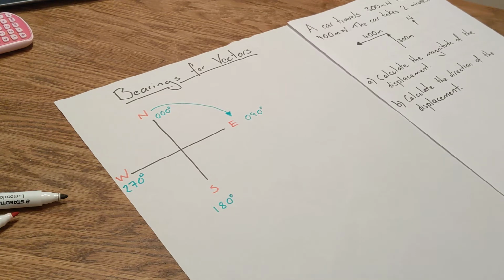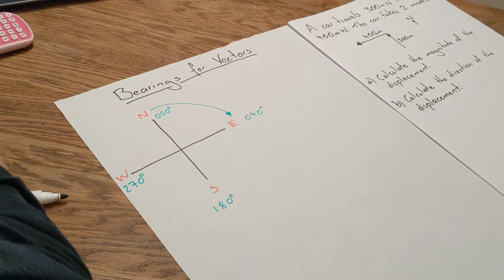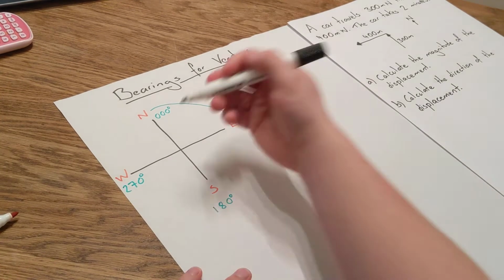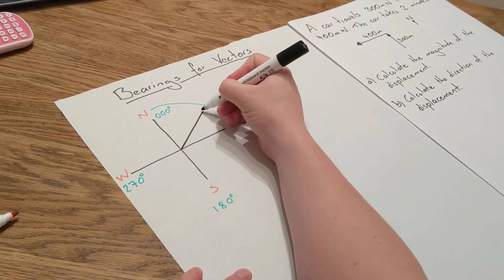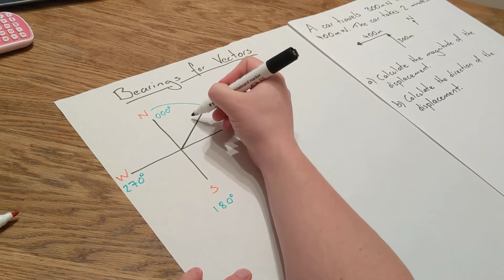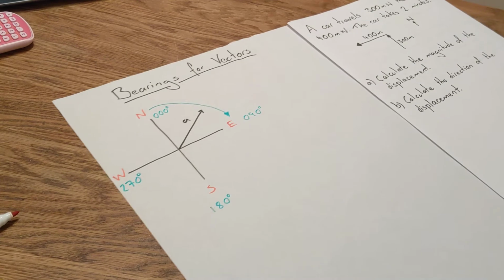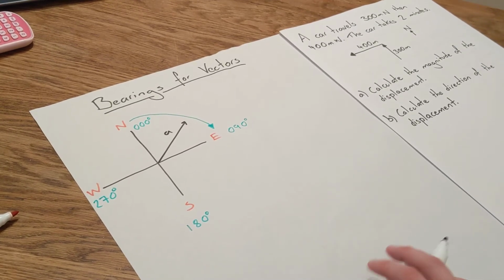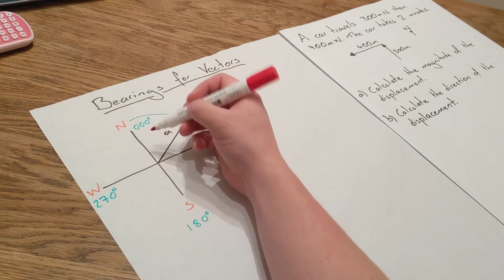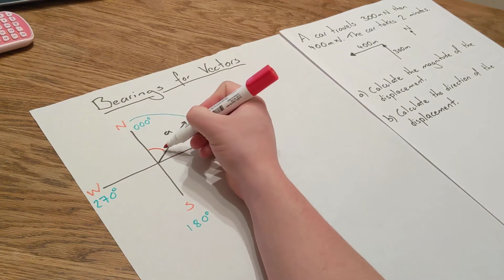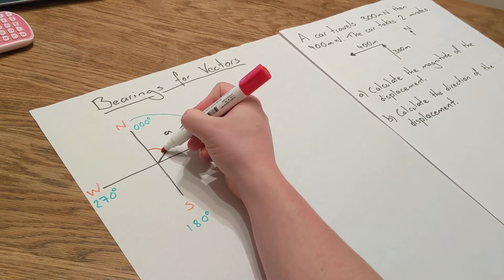Okay, so let's draw a vector on here then. Let's say that our vector is in this direction here. Let's just call this vector A. Its direction is measured from north, so it's measured from here and is this little bit there.